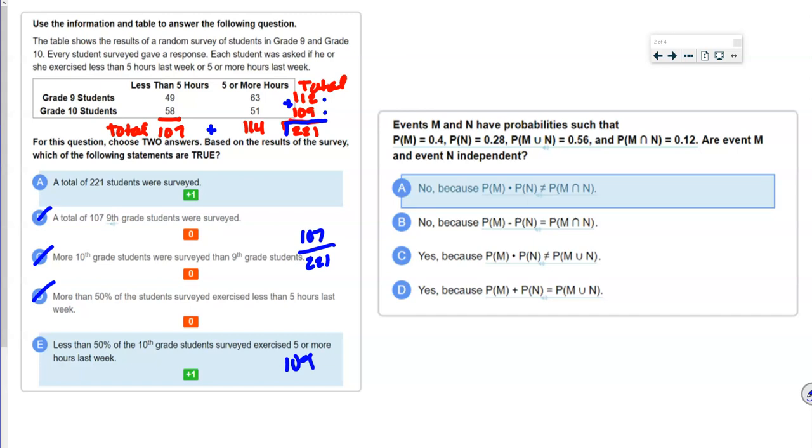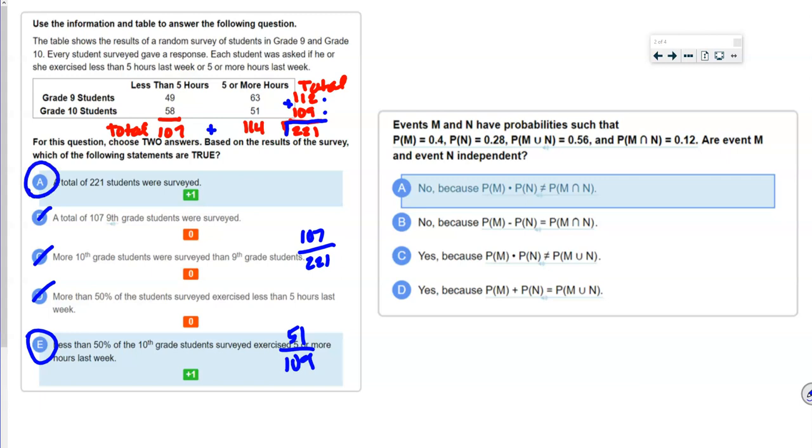How many of those exercised 5 or more? That would have been 51, right? So 51 over 109, that's definitely less than 50%, right? Because half of 109 would be about 54 or 55, and obviously 51 is less than that, so that's why this was also an answer. So both of these were the answers, okay?